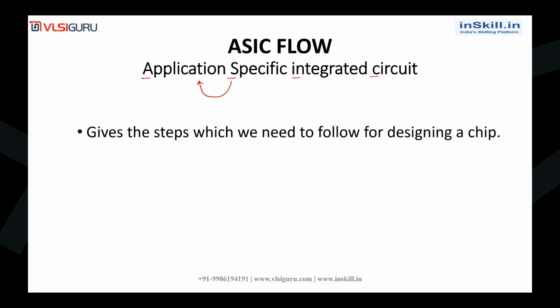The ASIC flow gives the steps which we need to follow for designing a chip. These are all the steps involved in the process of chip design, and in the upcoming slides we'll discuss them.